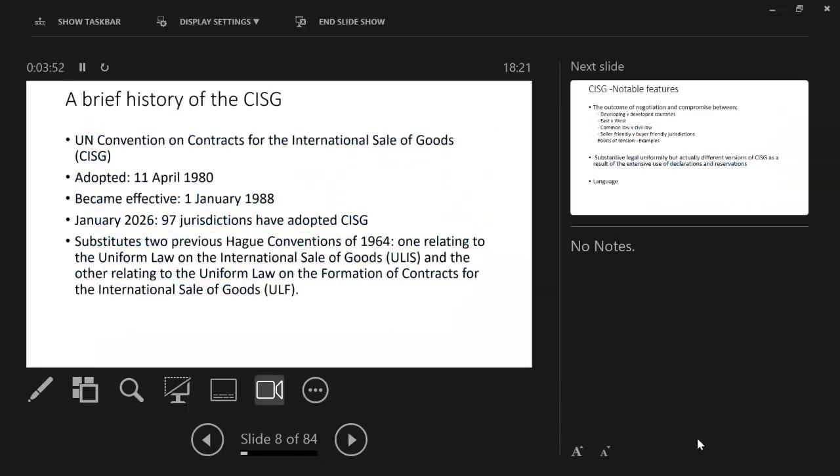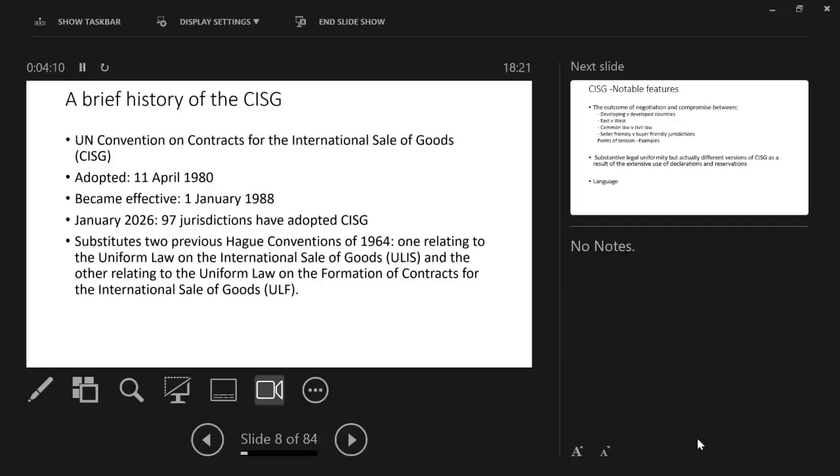And if you want to think in terms of formality, one of the most formal legal tools that we have is an actual international treaty.